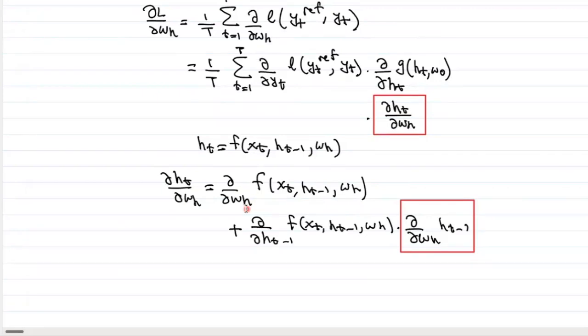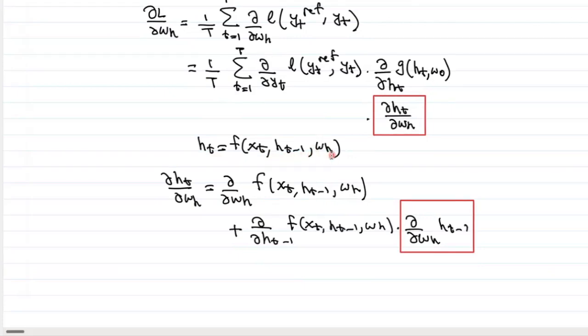But here is a big problem. If you look at this equation here, if I use t minus 1 instead of t, then we see that h of t minus 1 depends on x of t minus 1, h of t minus 2, and WH.